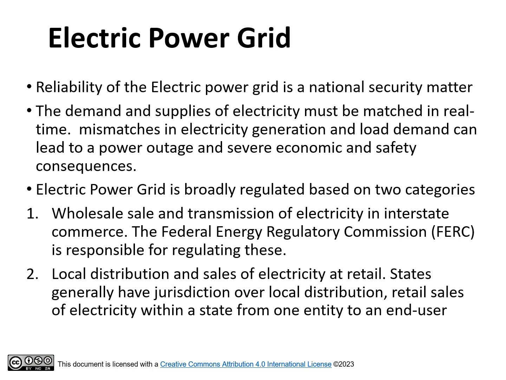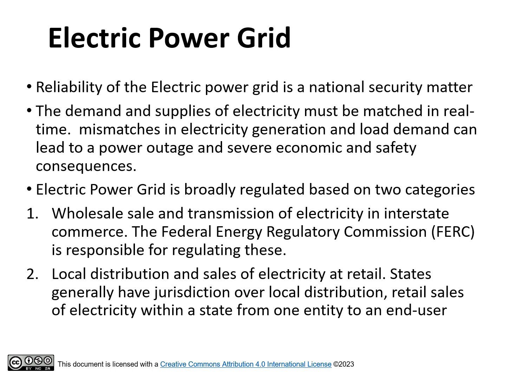To ensure reliable service, the electric power grid is broadly regulated based on two categories. Number one, wholesale sale and transmission of electricity in interstate commerce. The Federal Energy Regulatory Commission, FERC, is responsible for regulating this category.